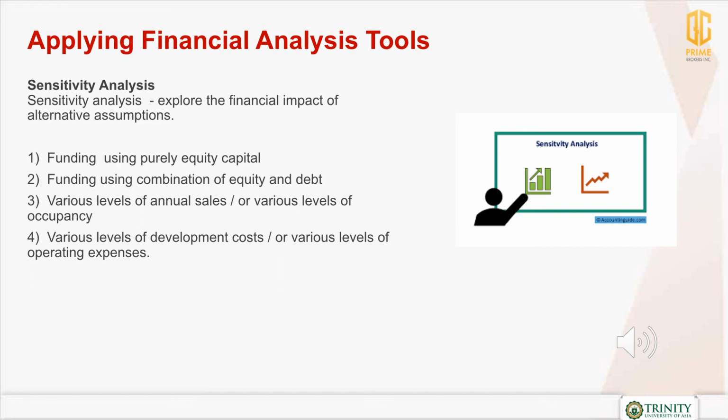Or second, what if the funding uses a combination of both equity and debt? Then we could also check the effect of various levels of annual sales or the various levels of occupancy. We could also check the various levels of development costs or various levels of operating expenses and see its effect in our ratios and cash flows.